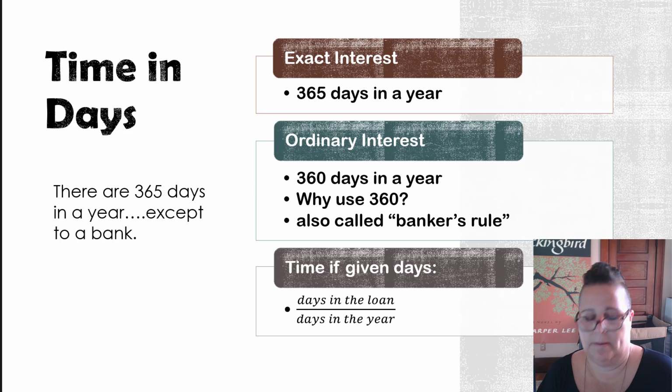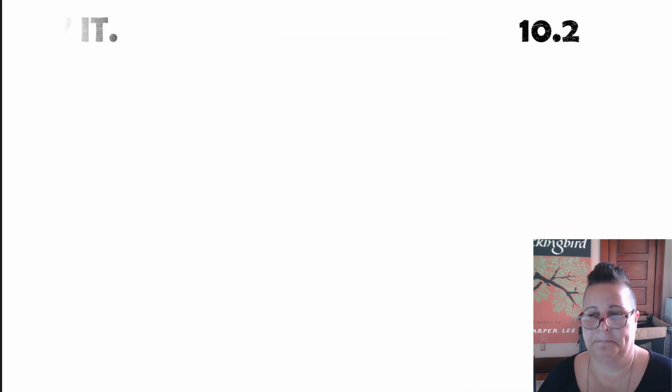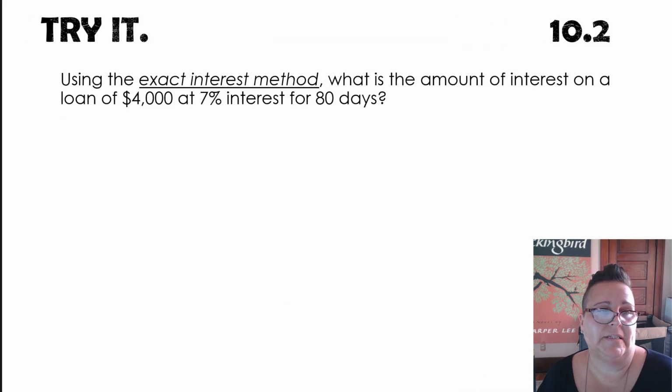Let's try a couple problems. This one says, using the exact interest method, what is the amount of interest on a loan of $4,000 at 7% interest for 80 days? Notice that it does say exact interest method.